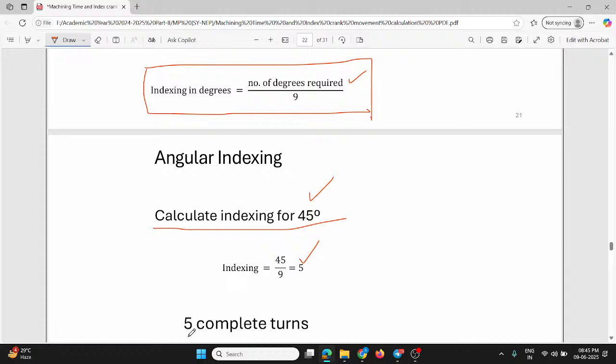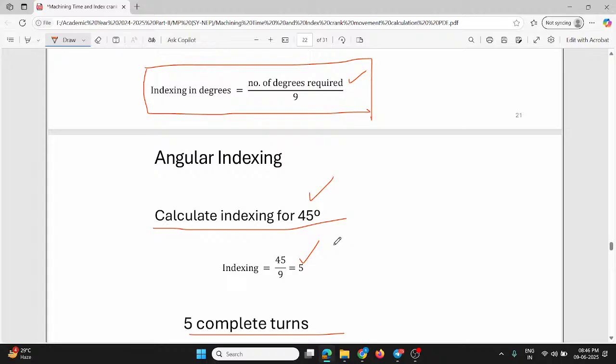That is 5 complete turns, and we take the cut, then 5 complete turns of the index crank, then another cut. Like this. So that is the index crank movement in degrees, so we can calculate it to divide the periphery into that many equal angular divisions.